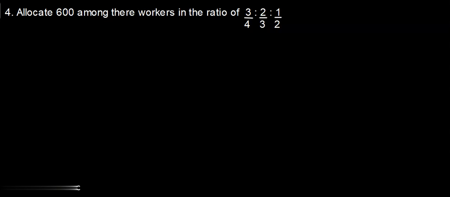Okay, the first thing I'm going to do is add this whole thing, so I want to take the LCM. The LCM for 4, 3, and 2 will be 12. Then I divide 12 by 4 and get 3, and multiply this 3 by 3, so it will be 9.